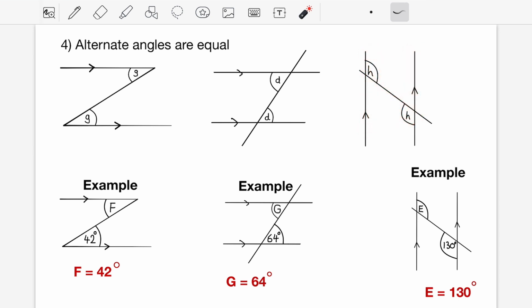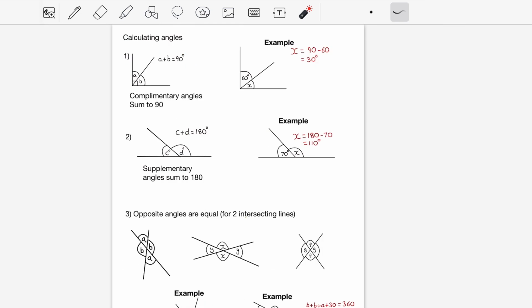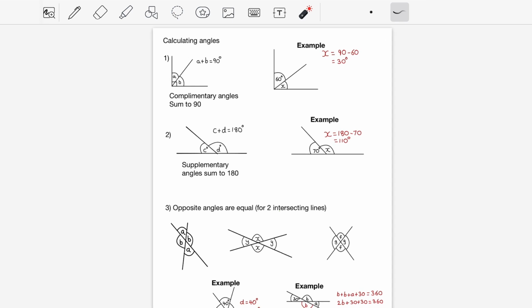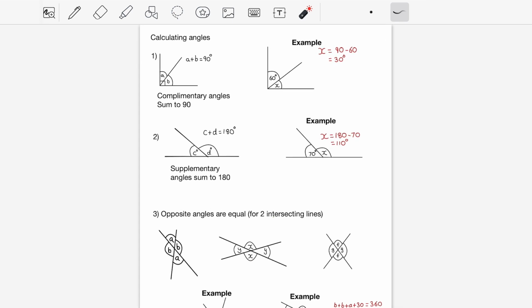Alright, so this one here we have 42 degrees, so this will be 42. 64, so G will be 64. 130, so E will be 130. Simple. Did I give you time to take this down? If not, you can pause the video and take this down.